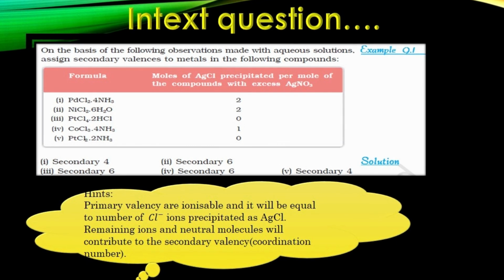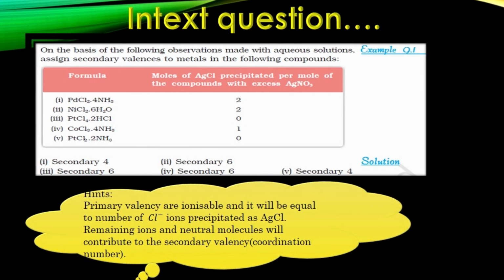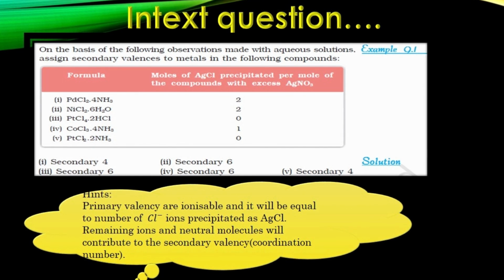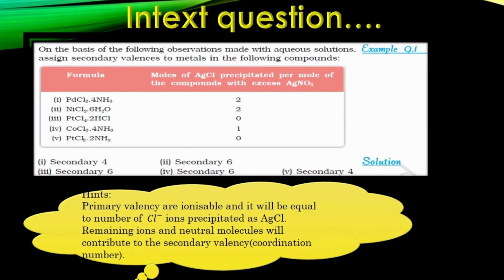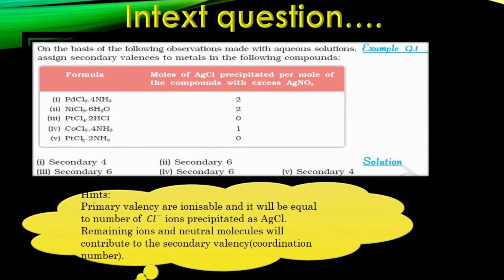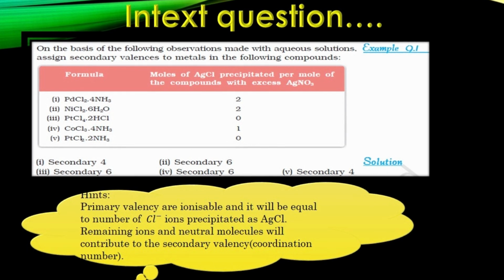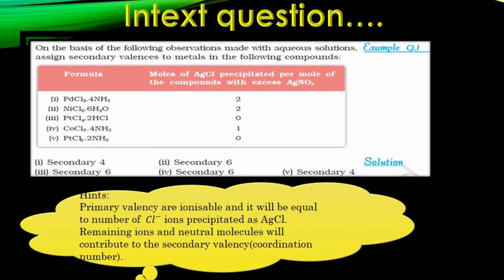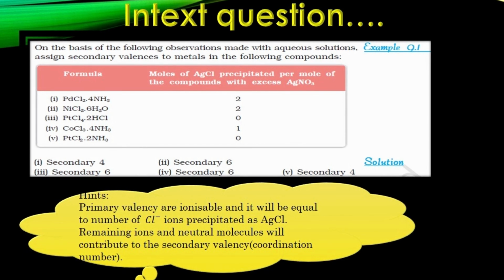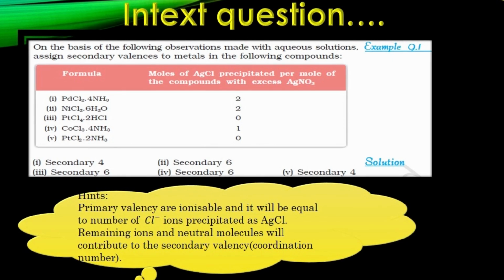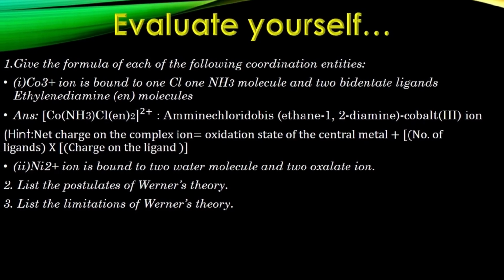So the left out will be inside the coordination sphere and it will be Pd(NH3)4. So the secondary valency, that is the coordination number of palladium, will be equal to 4 since it has only 4 ammonia molecules which are directly attached to it. Same way, try to solve the other intext questions. Students, kindly check whether you are able to answer these questions.